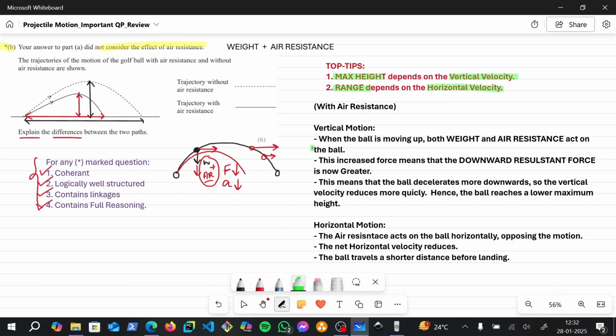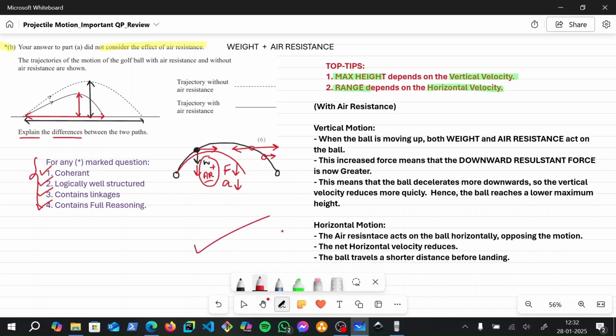For the vertical part, weight was not the only thing; it was weight plus air resistance. So a greater downward resultant force, greater deceleration, and the ball is pulled even more downwards, reducing the max height. For the horizontal motion, air resistance opposes the ball horizontally, which reduces the average horizontal velocity, hence the ball travels a shorter distance before landing.